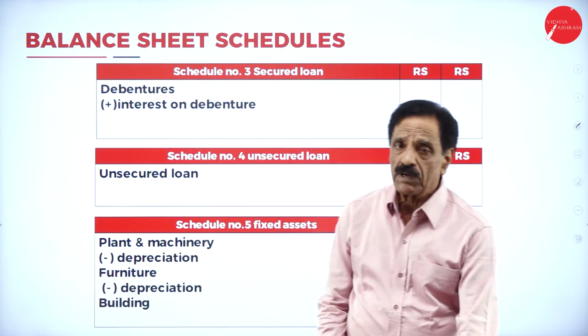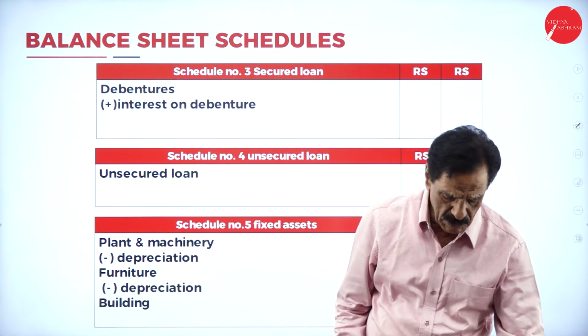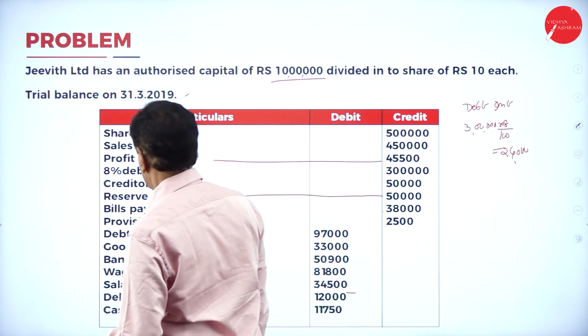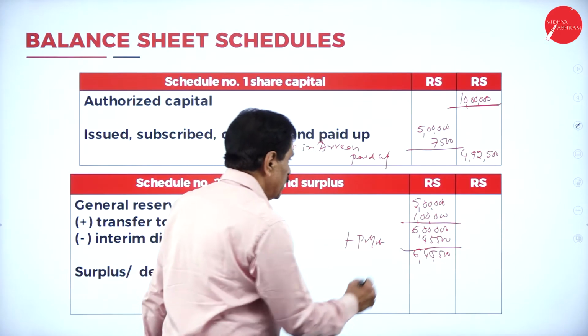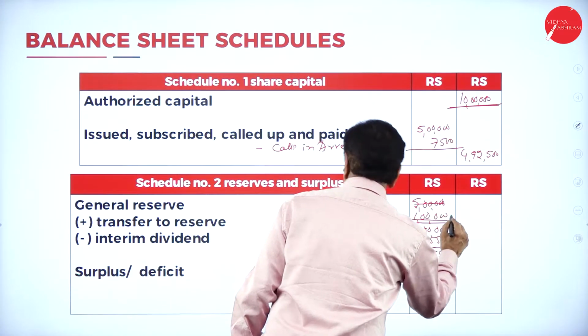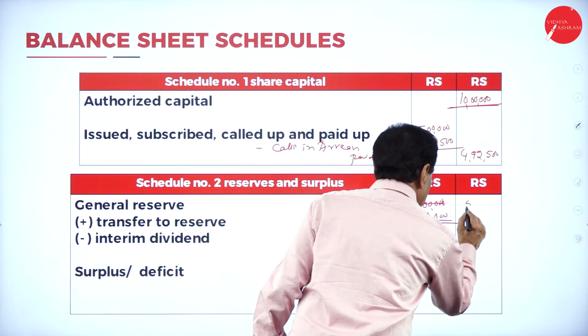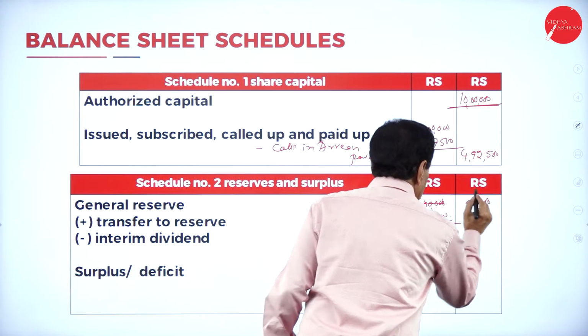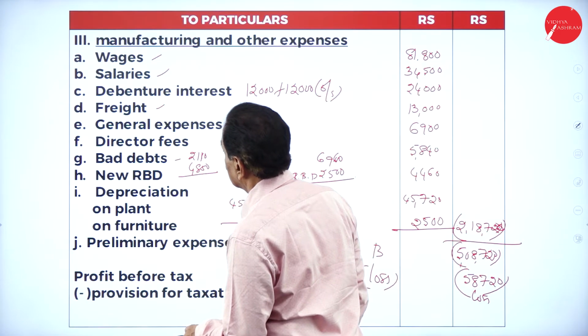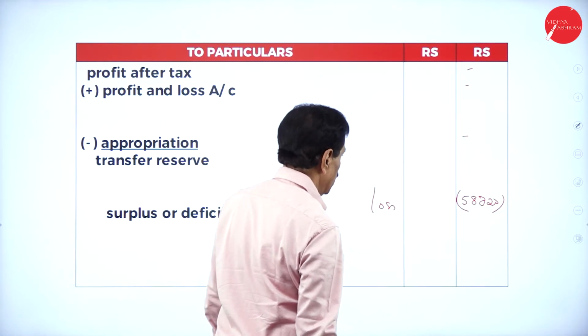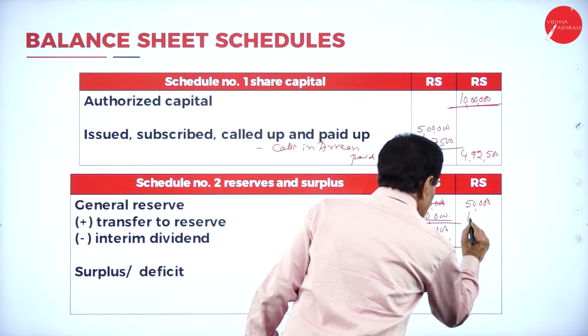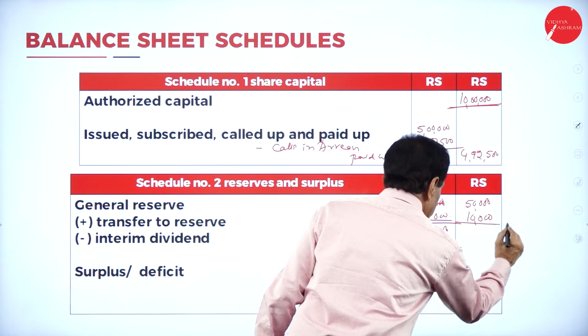So it will go one by one. 6,45,500. Reserve only 50,000. Your reserve is 50,000. How much transfer? 10,000. It becomes 60,000.